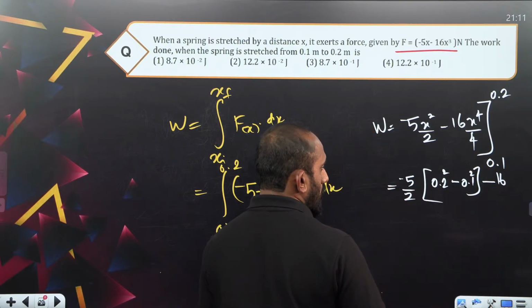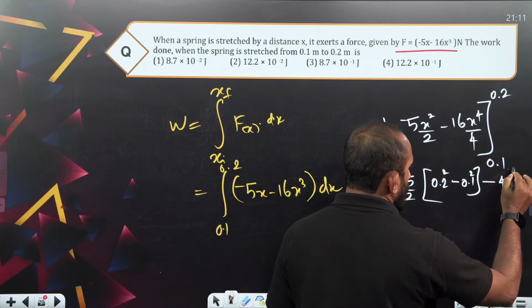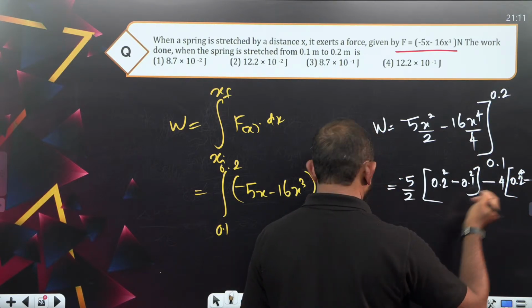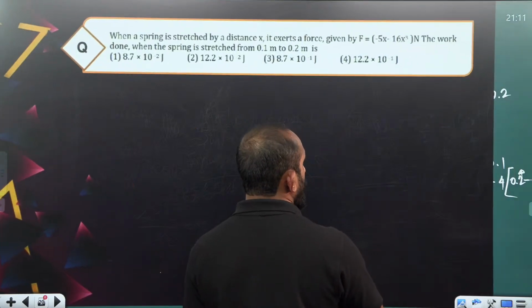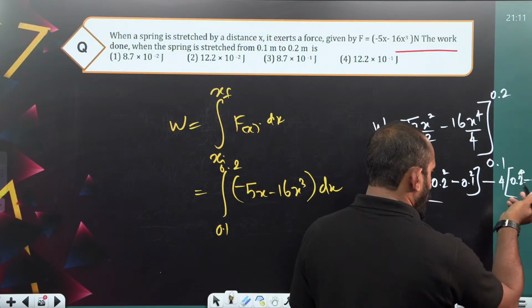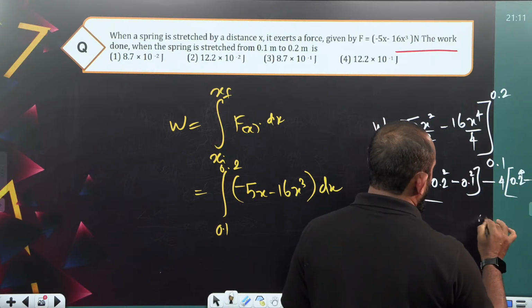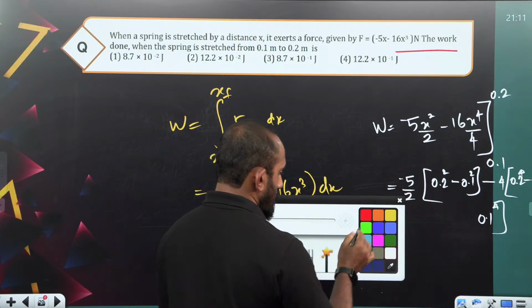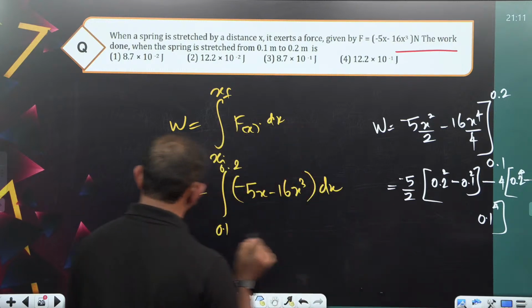So you can cut short that one. That will be 4 times x raised to 4, 0.2 raised to 4 minus 0.1 raised to 4. So if you solve it, you can have the answer.